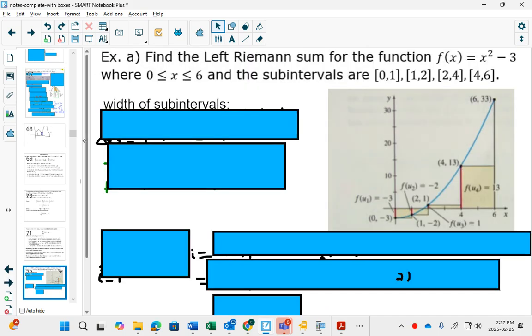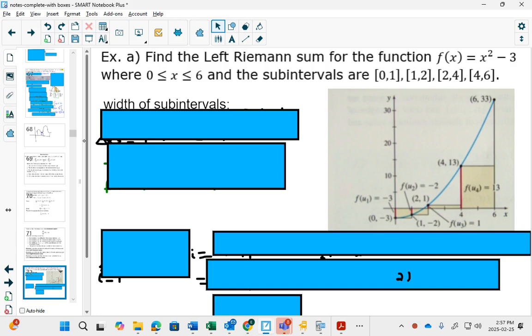So here's the function x squared minus 3. The graph is shown. We're going from 0 to 6, and our subintervals are not necessarily the same length. We've got one that's 0 to 1, one that's 1 to 2, one that's 2 to 4, and one that's 4 to 6.